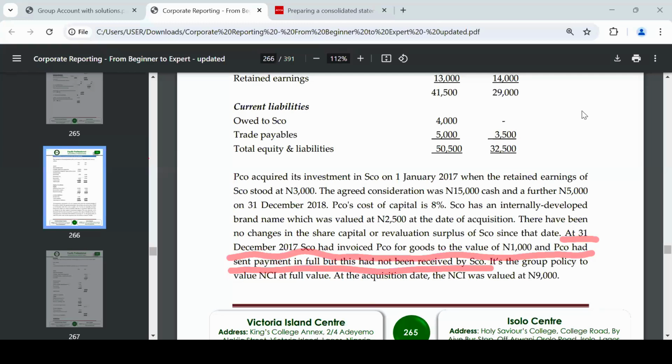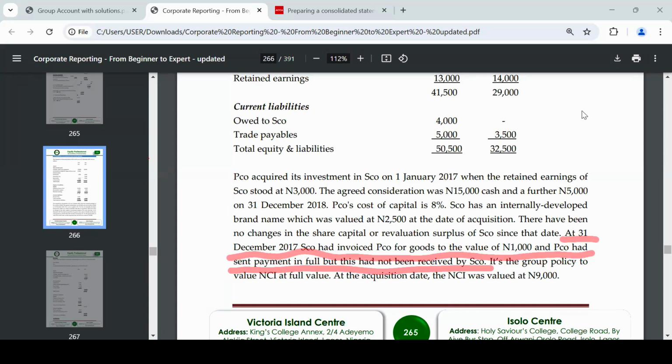So if they have not received the payment, it will be in their receivables. We'll take out this value from receivables. They had made the payment, so the other part will be added back to bank, because I know we're supposed to cancel out intragroup trading. The 1,000 will be in the receivables for ESCO.